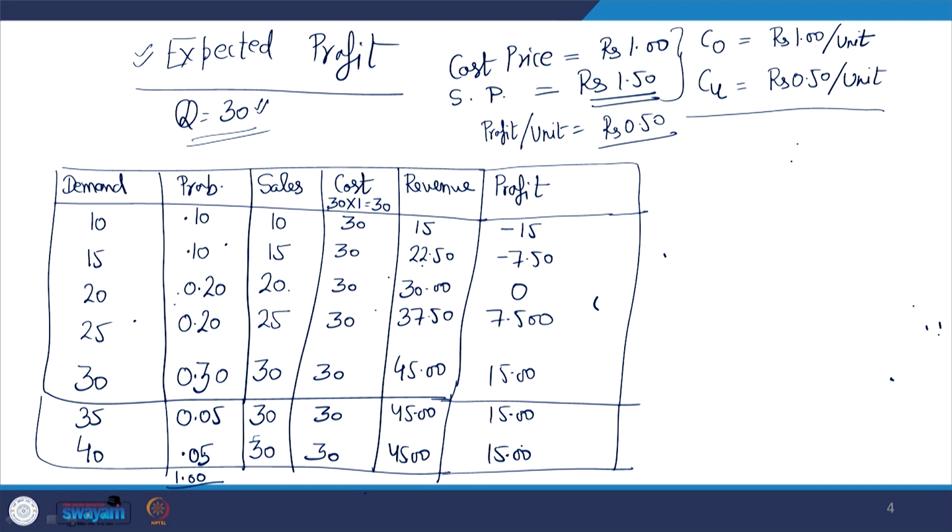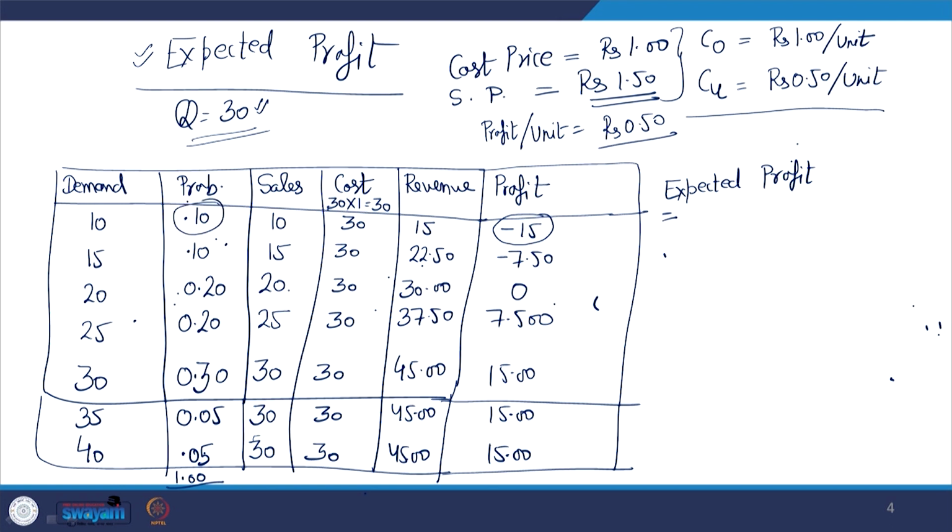So, your expected profit is: the probability of this profit of minus 15 is 10%.